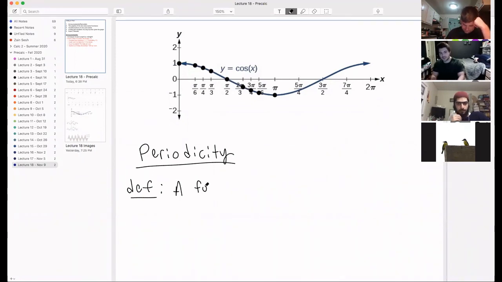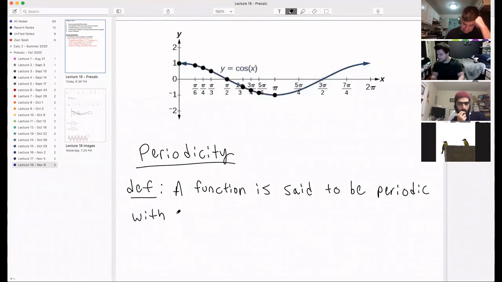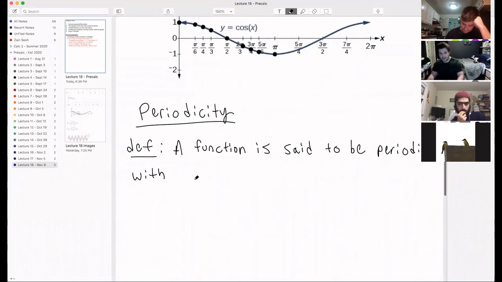So a function is said to be periodic with period P if f of x plus P is equal to f of x for all x values.